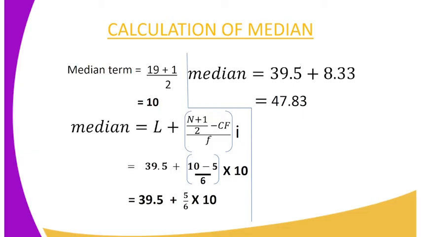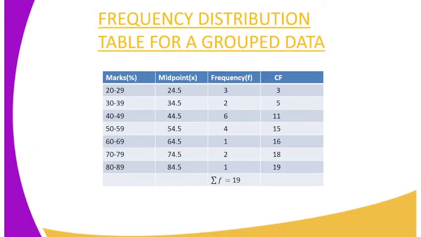Once again, we are going to go back to the table, and the cumulative frequency above the median term. Remember, the median term was across this row, and therefore you are supposed to use the cumulative frequency above the median term, which is represented by digit 5 there.